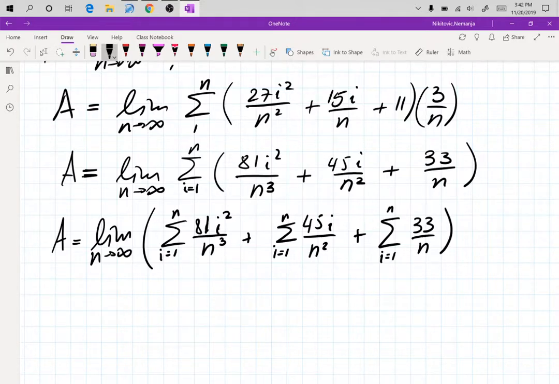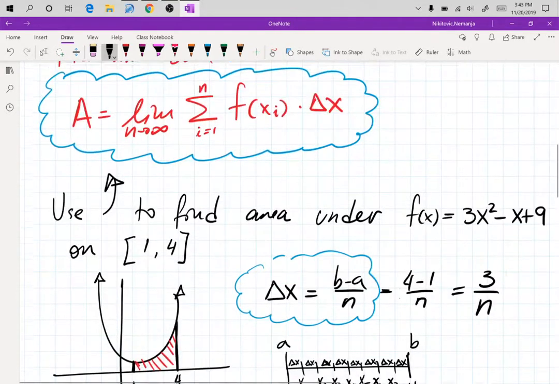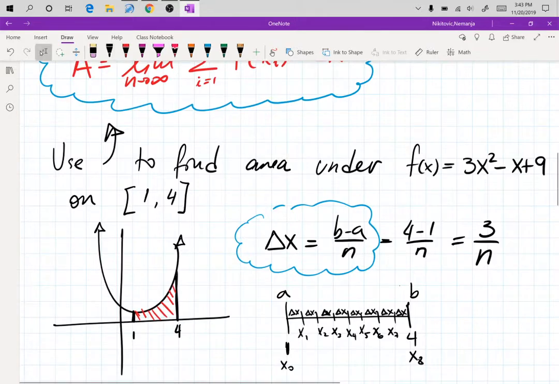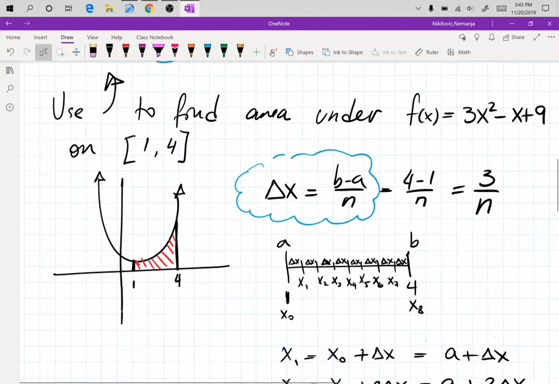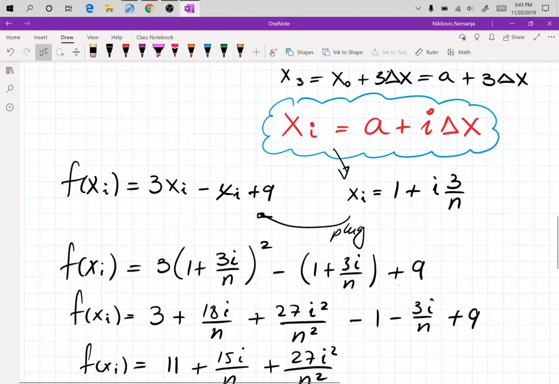So we separate. Did I have any minus signs? Because, of course, I made a mistake. I've got to go and fix this. All of the minus signs in front of x. So where do we have those? I have the minus there.